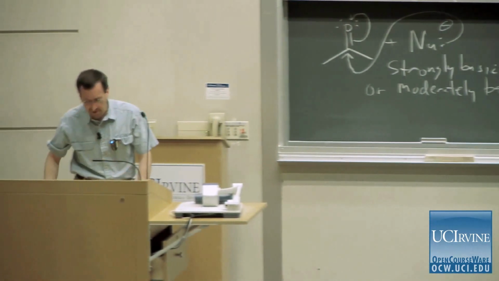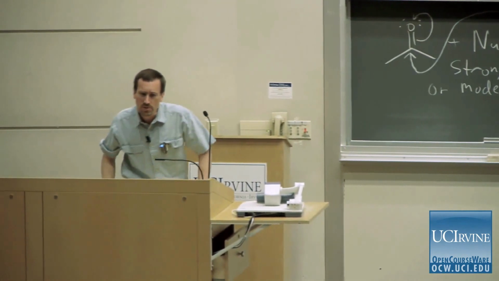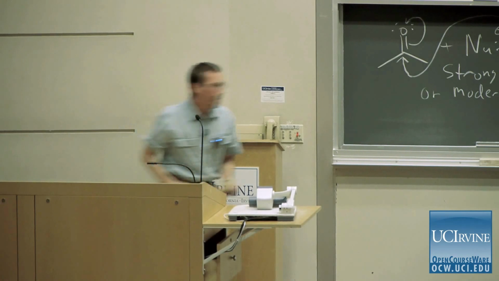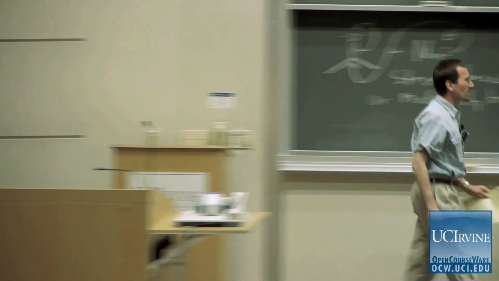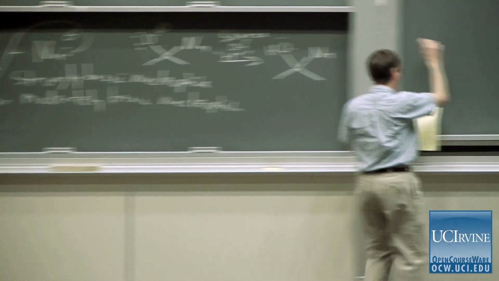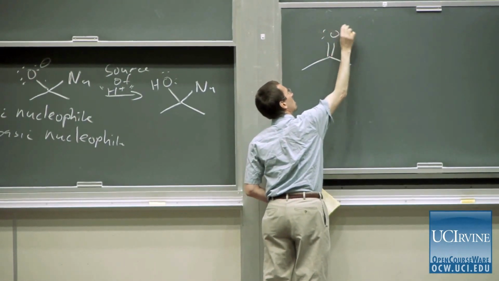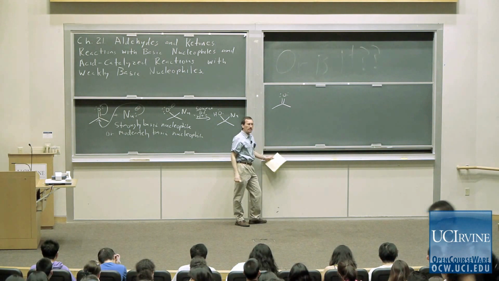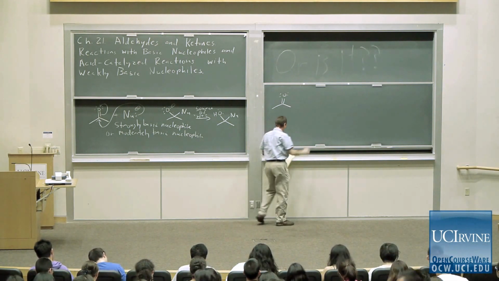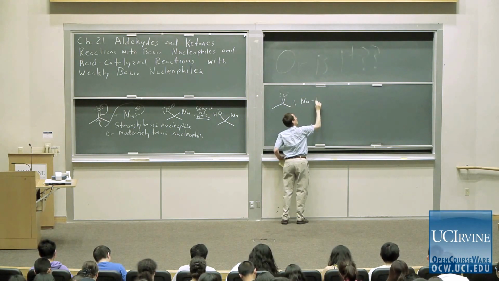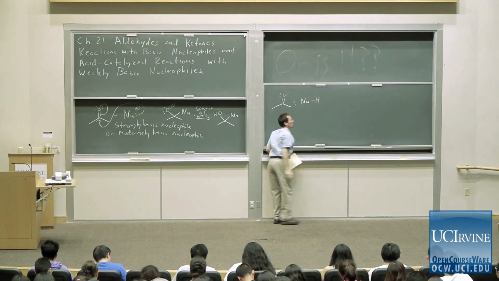We're going to see some variations on this, but we're also going to introduce, and this is where things get really meaty, the reaction of carbonyl compounds with weakly basic nucleophiles. And again, in the most general overview now, I'm going to write this as our carbonyl compound, our ketone or aldehyde, plus a weakly basic nucleophile.